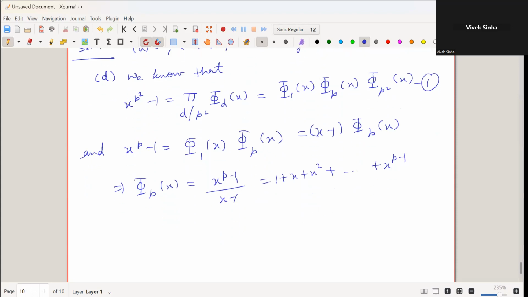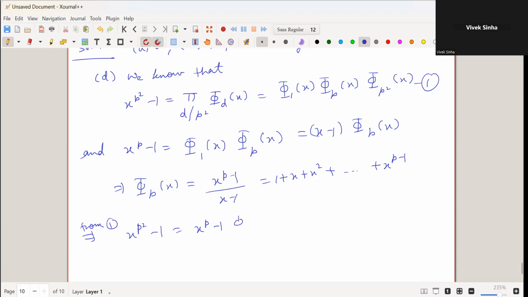So from 1, we have x^(p^2) minus 1 is phi 1 of x and phi p of x. This is just x^p minus 1, right? Clear, right? Because phi 1 of x is x minus 1 and phi p of x is this polynomial. If you multiply them, you will get x^p minus 1.